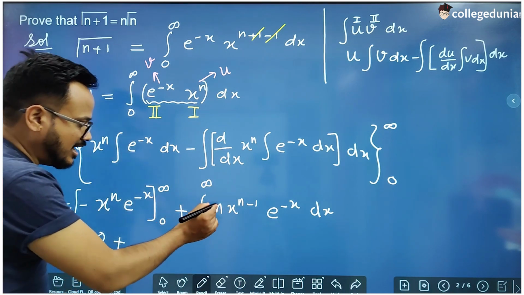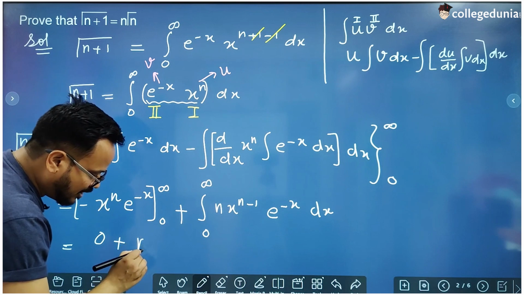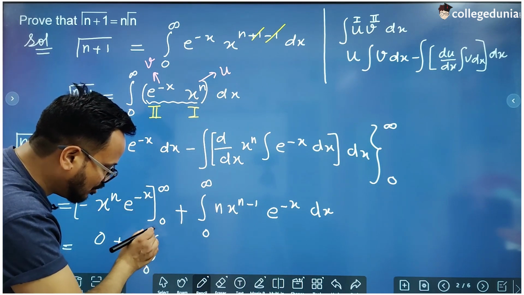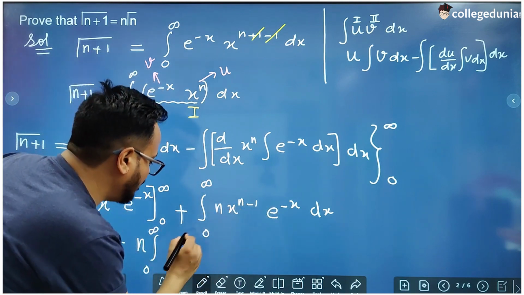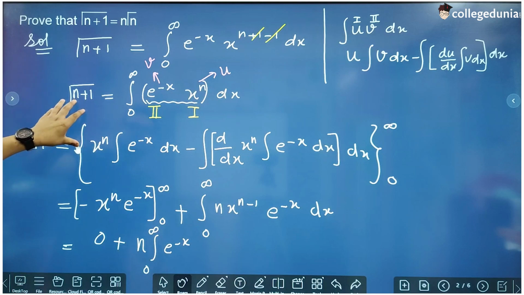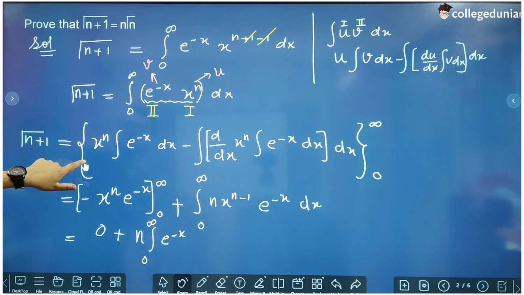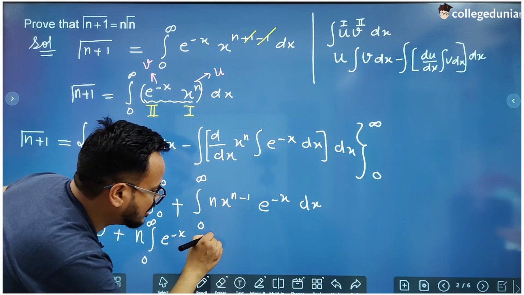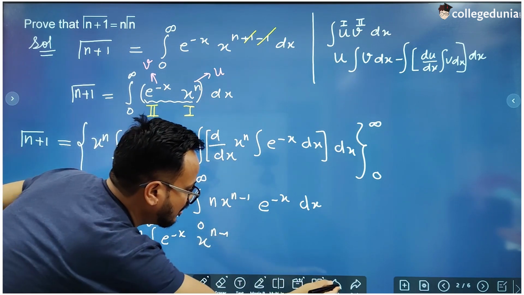And this n, since it is constant, we can take it outside the integral, and inside it becomes 0 to infinity e to the power minus x into x to the power n minus 1 dx.